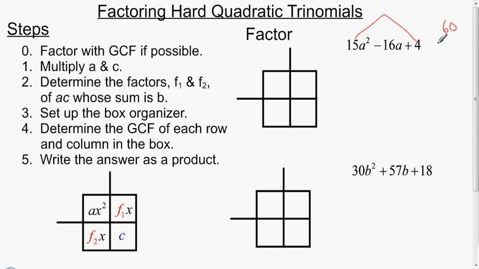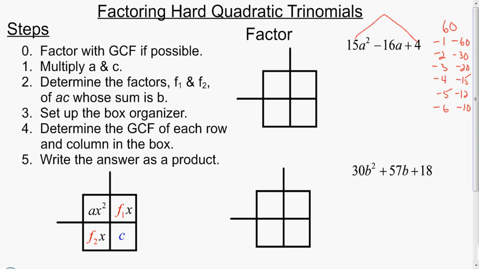So I need negative 1 and negative 60, but their sum's not negative 16. Negative 2 and negative 30 doesn't work. Negative 3 and negative 20 doesn't work. Negative 4 and negative 15 doesn't work. Negative 5 and negative 12 doesn't work. But negative 6 and negative 10 does.